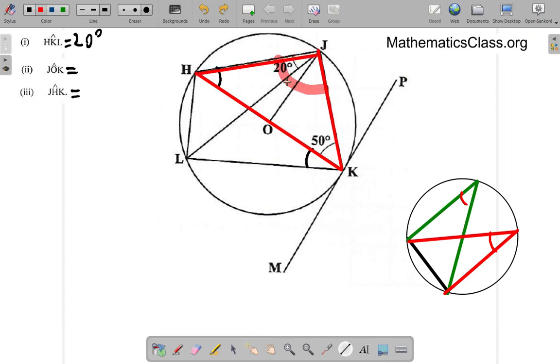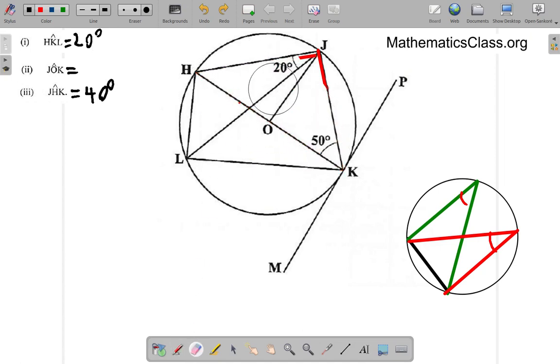All the angles add up to 180. Now you have 50 and you have 90. So far 90 and 50 gives you 140. How much more do you need to go to 180? 40 degrees. So this must be 40 degrees. So the angle JHK is 40 degrees. Alright?